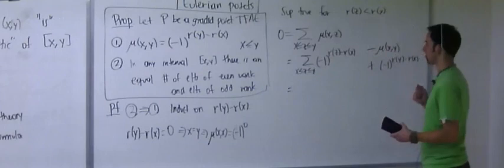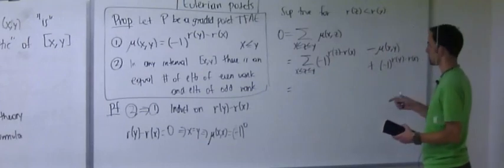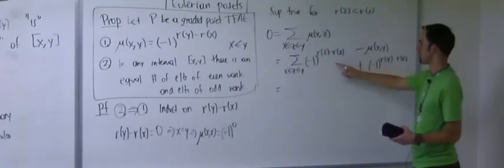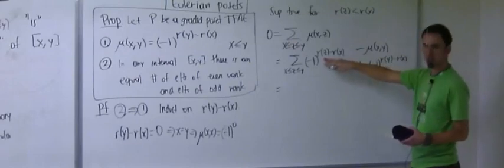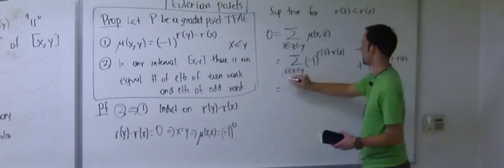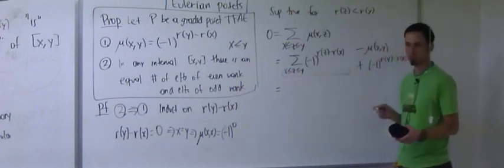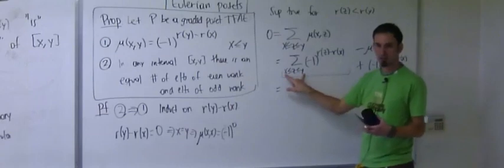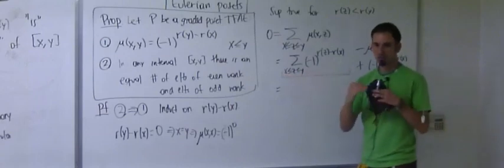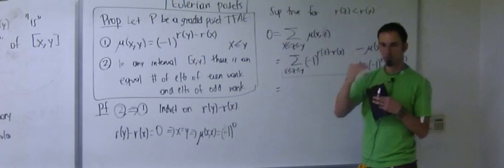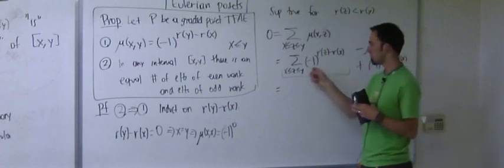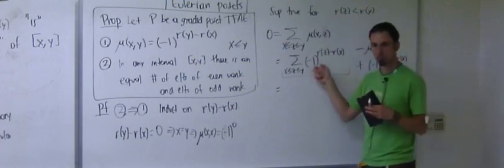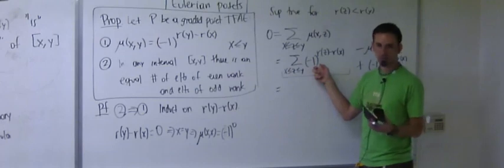Well, look at this. How many plus 1s and how many minus 1s do I have here? Well, this is the interval between x and y. And I know that this interval has the same number of elements of even rank and of odd rank. And the ones of even rank contribute one sign, and the ones of odd rank contribute the other sign.